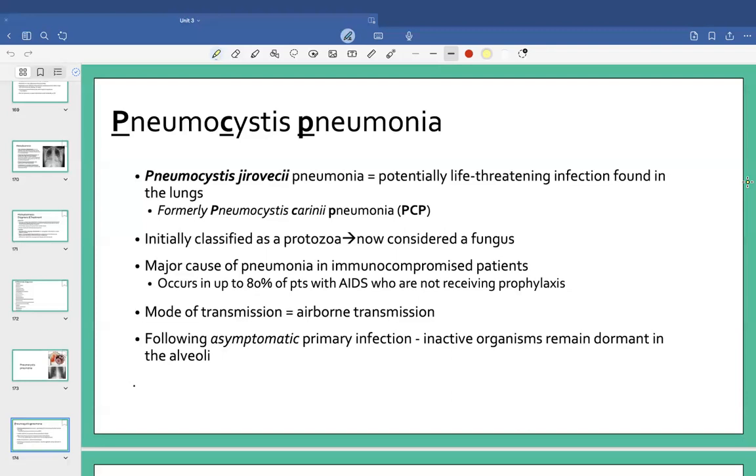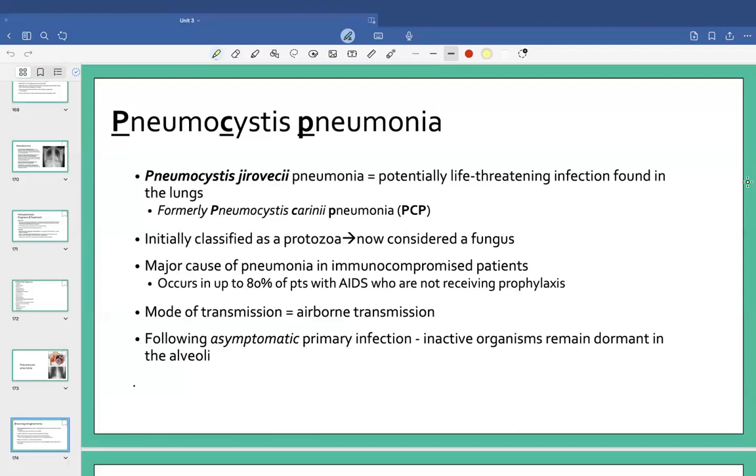It occurs in up to 80% of patients with AIDS who are not receiving prophylaxis. It is probably the most opportunistic pathogen in the HIV community.